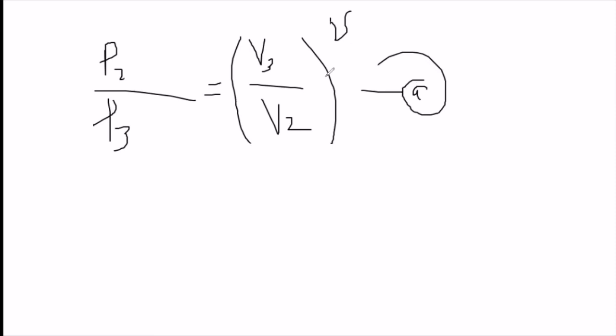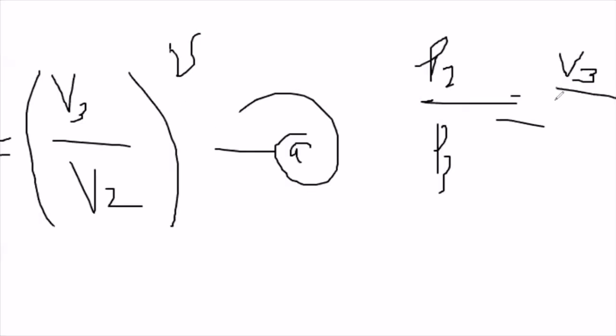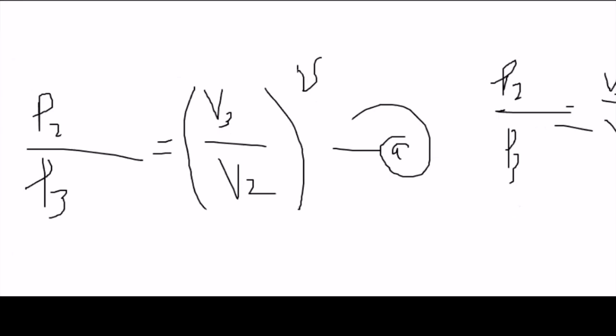We also obtained P2 by P3 is equal to V3 by V2 into T2 by T3. Now in the same equation, for P2 by P3, instead of substituting V3 by V2, I will keep it as it is. That is, P2 by P3 is equal to V3 by V2.